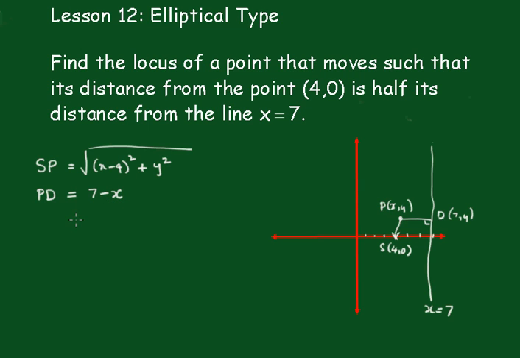So it's pretty much the same, except at this point, rather than make them equal, we know that this distance PD must be twice SP. So we'll do that. We'll go the square root of (7 minus x) equals 2 times the square root of (x minus 4) all squared plus y squared.